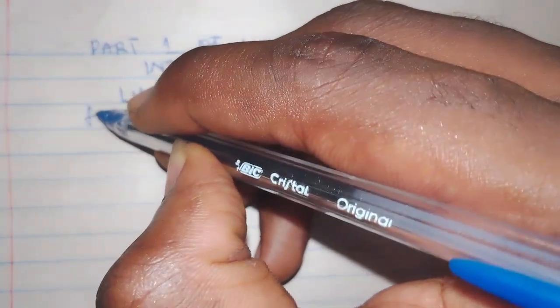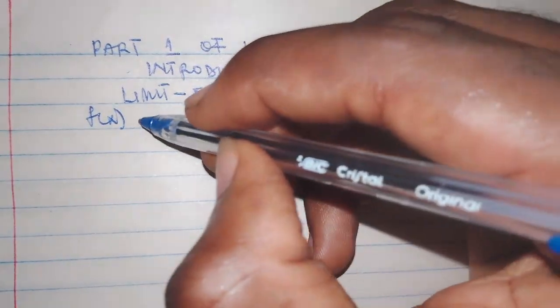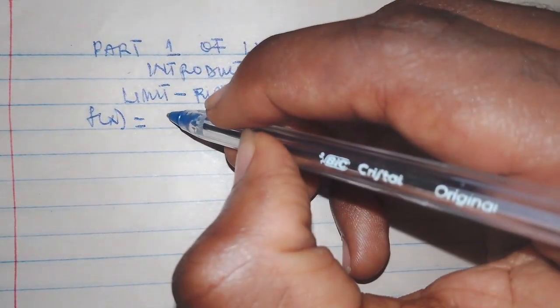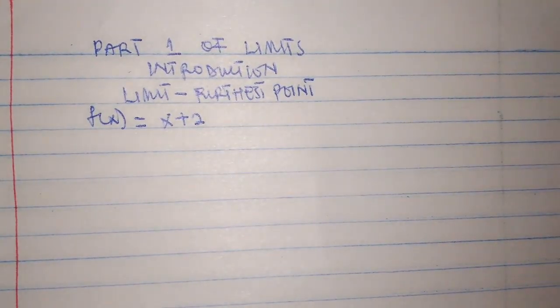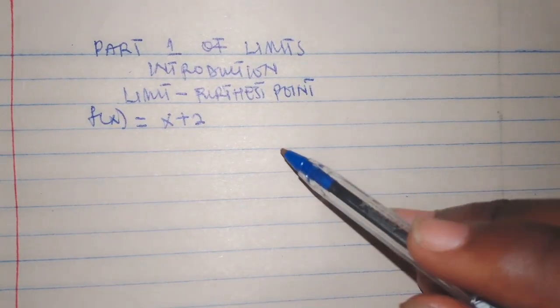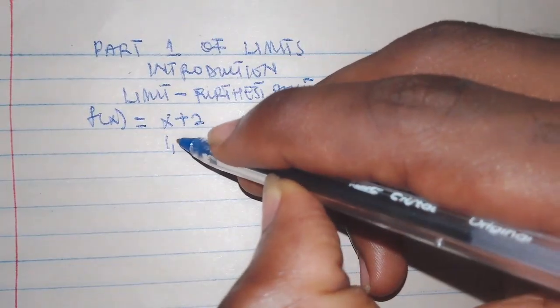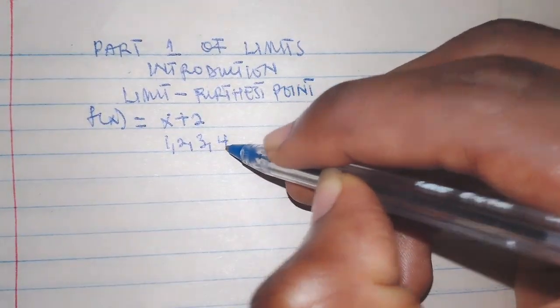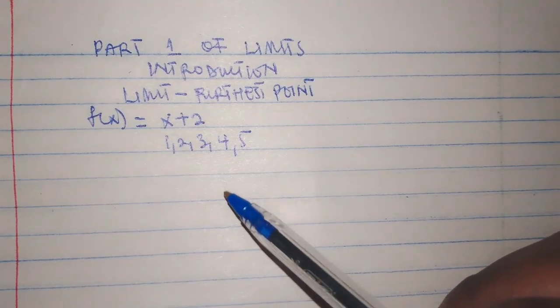So let's take this function, f of x is equal to x plus 2. Now let's take a certain range of values: 1, 2, 3, 4, and 5.